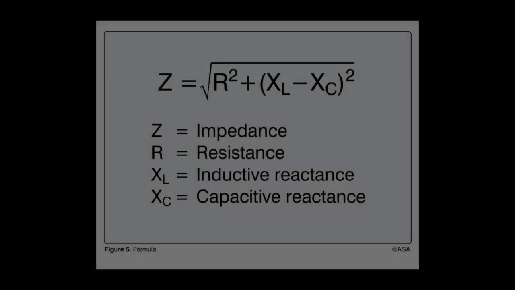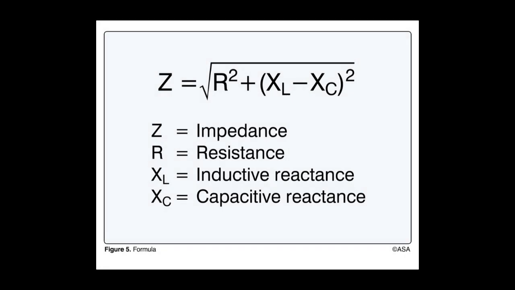Refer to Figure 5. What is the impedance of an AC series circuit consisting of an inductor with a reactance of 10 ohms, a capacitor with a reactance of 4 ohms, and a resistor with a resistance of 8 ohms? (10 ohms).